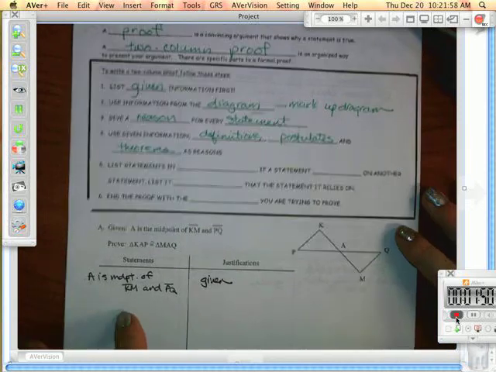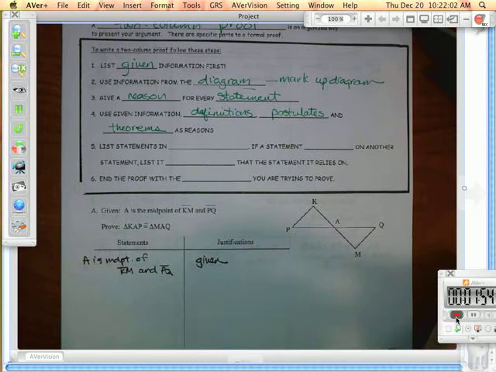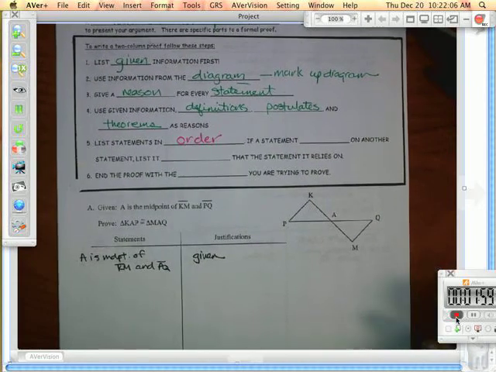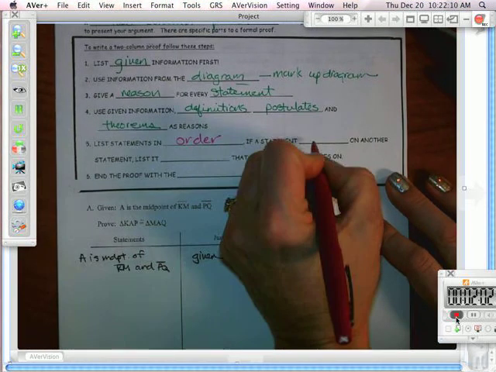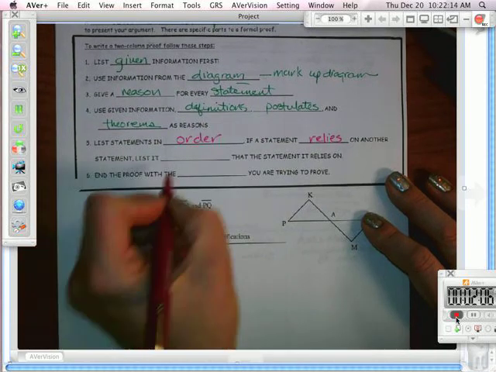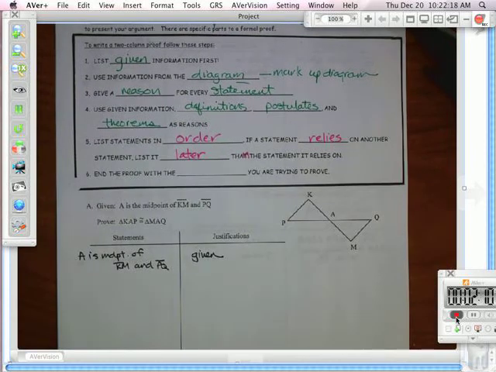List statements in order. I'm going to change color here. Does this help? Some people are squinting. If a statement relies on another statement, list it later than the statement it relies on.